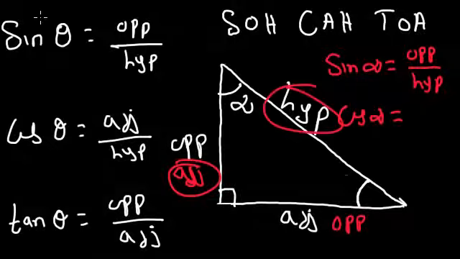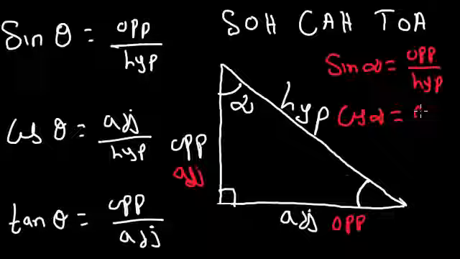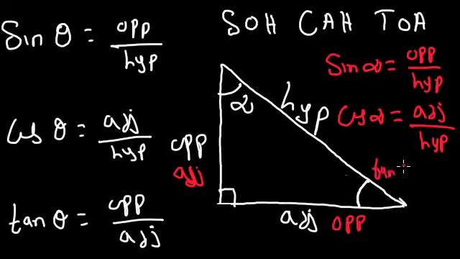Adjacent over hypotenuse. And finally, tan of alpha equals opposite over adjacent, that's this side over this side. So that's how it works.